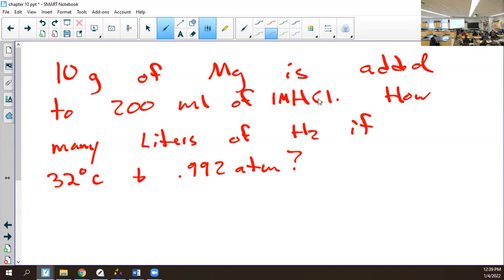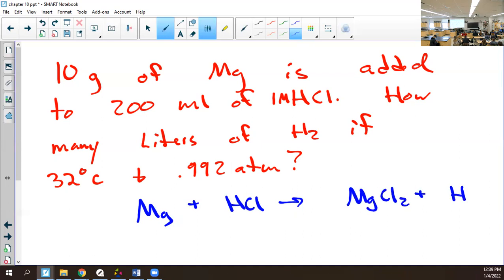Okay, if you need help, the equation is this. That's the chemistry in case you screwed that part up. How many people screwed it up? Raise your hands.